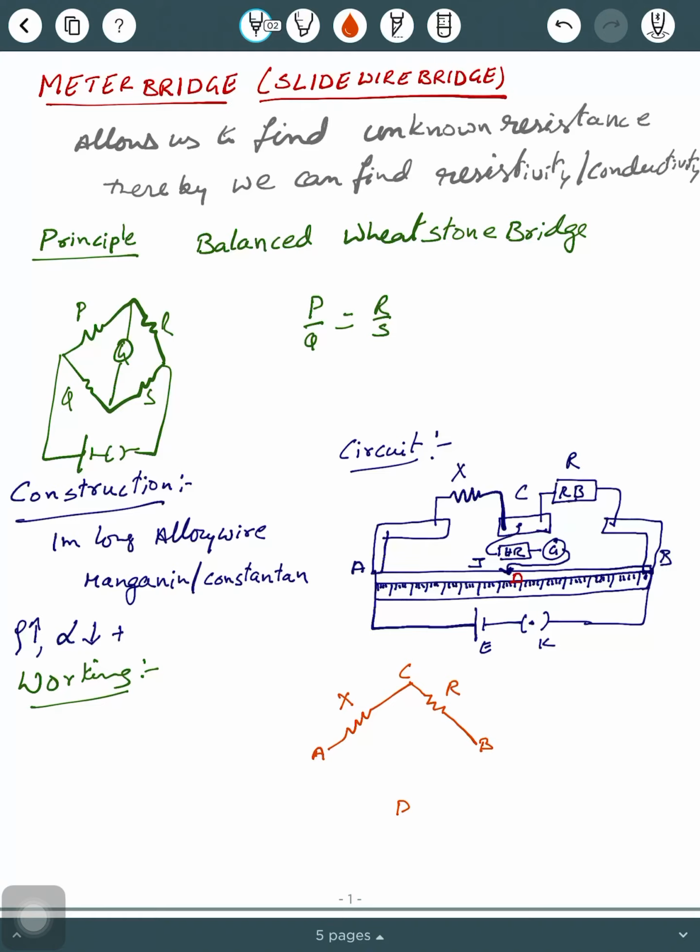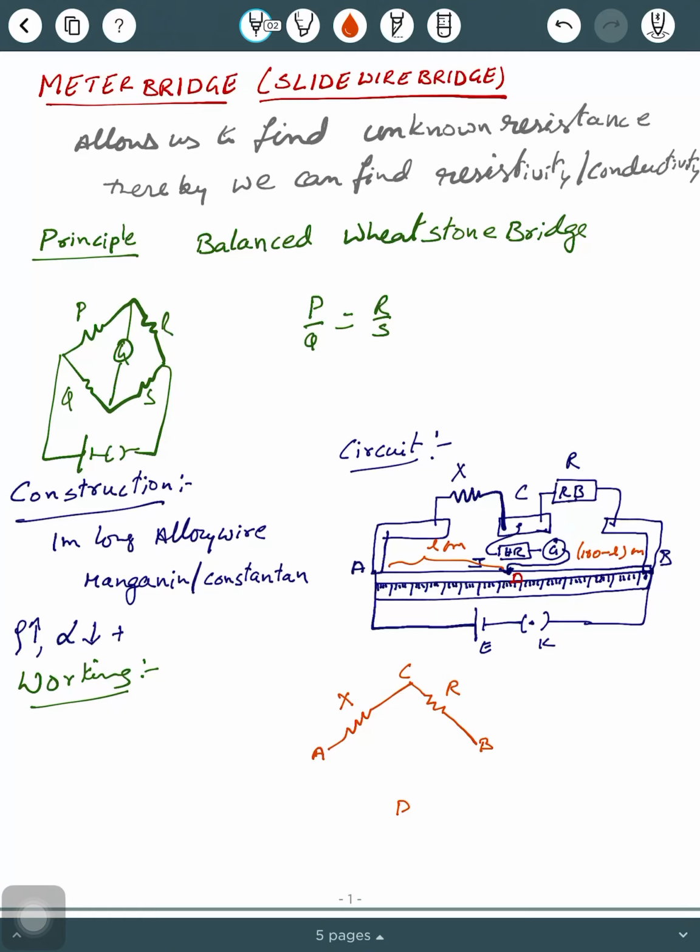Let me say the bridge got balanced at the point D and the length AD is L centimeters. The remaining length will be 100 minus L centimeters, because it is a 1 meter long wire, that is a 100 centimeter long wire. You already consumed L centimeters, so the remaining is 100 minus L only.